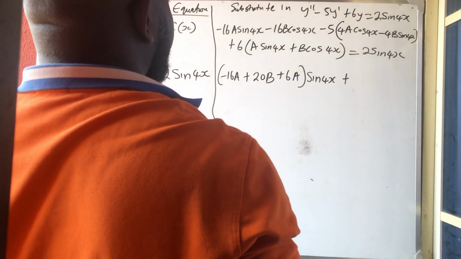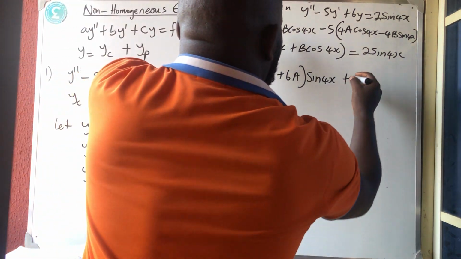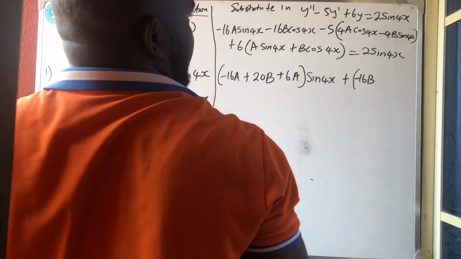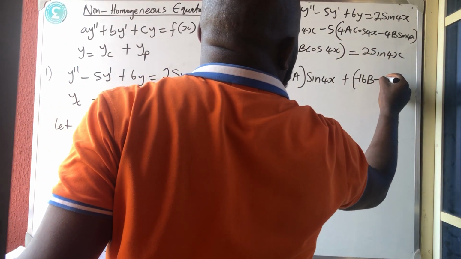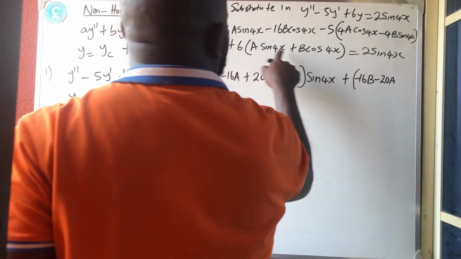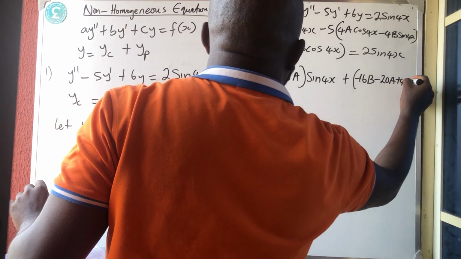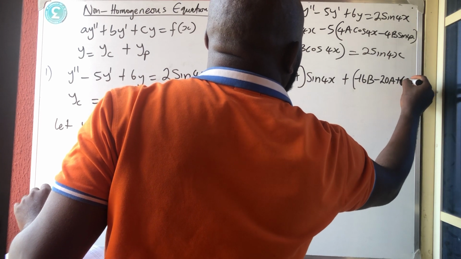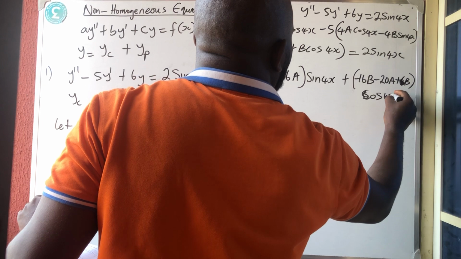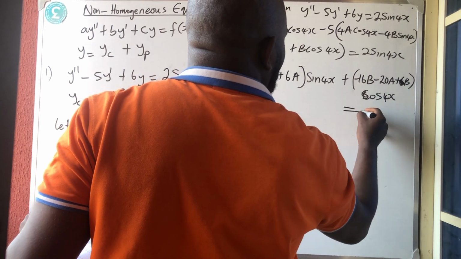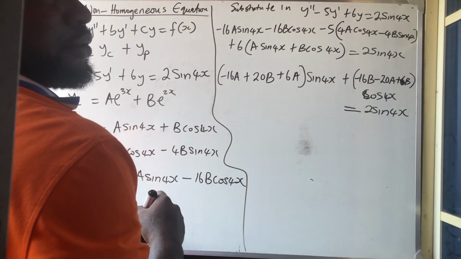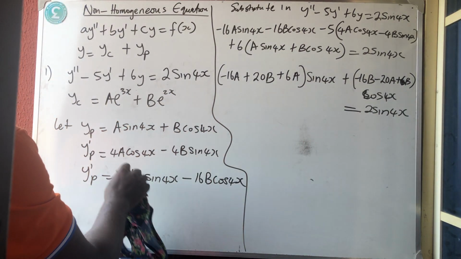All the cos will be minus 16b; this time this will give you minus 20a, and then plus 4b plus 6b. Everybody has cos 4x, and they are equal to 2 sine 4x. Okay, so what do we do now?